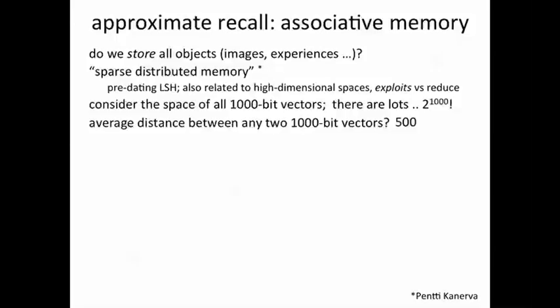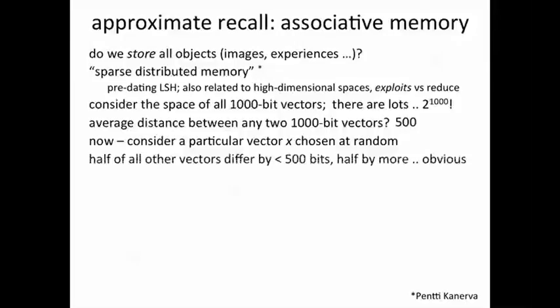Now consider a vector x chosen at random. Could be anyone. We start from this one vector x and ask a few interesting questions. Clearly, half of all the other vectors are less than 500 bits away from this vector, and half of them are more than 500 bits away from this vector.